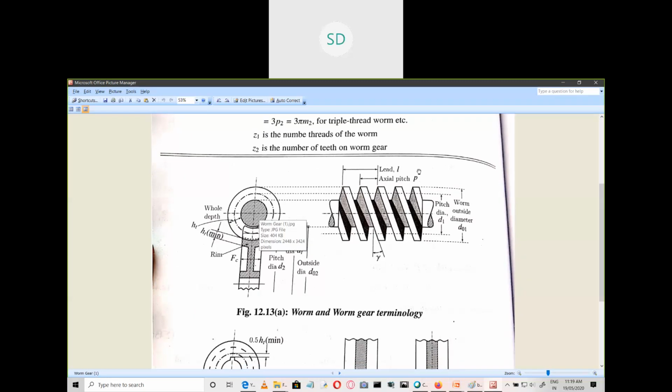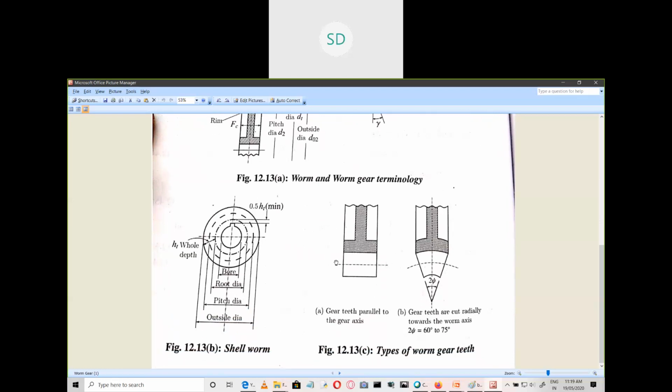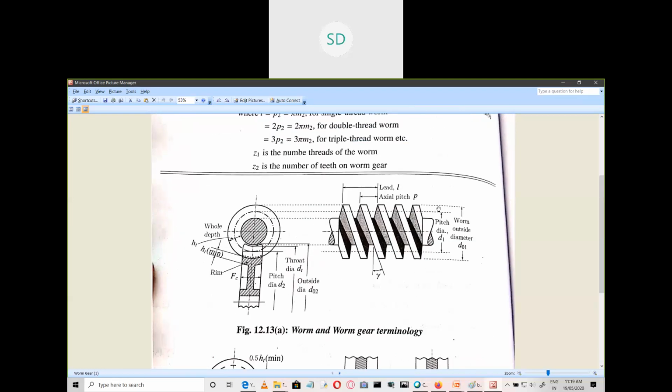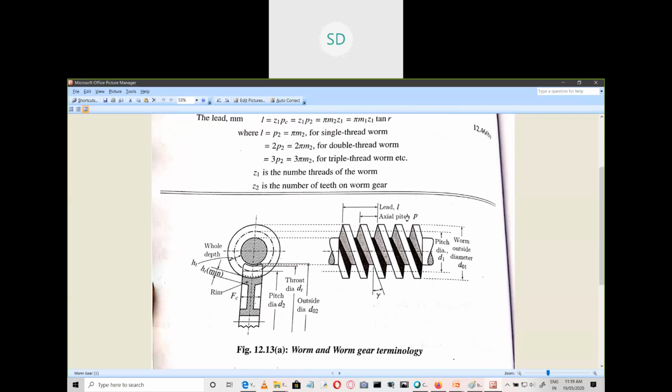Now this is the worm. So you have a pitch diameter D1, worm outside diameter D01, and core diameter. This is regarding the worm gear. Now this is regarding the worm. L is the lead. P is the axial pitch.